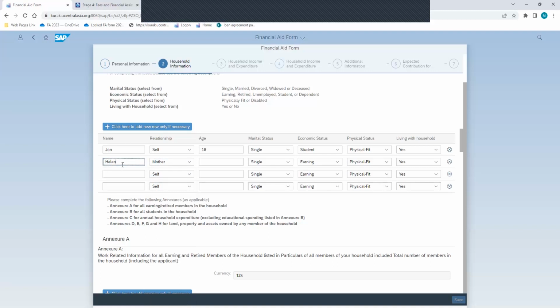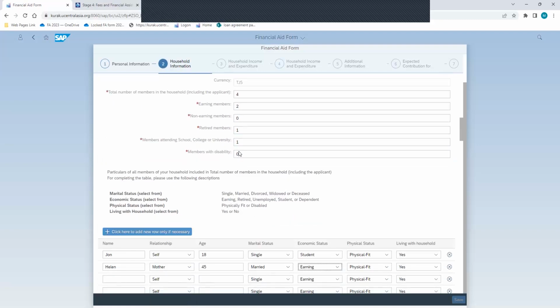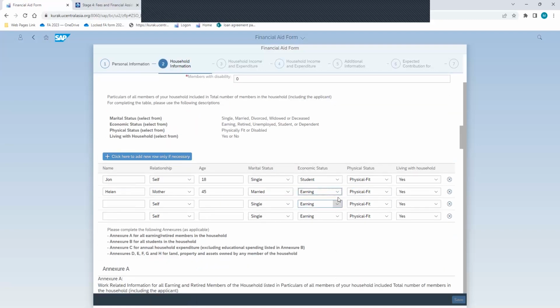Let's call mother Helen, and she's 45 years old. She's married. She's earning, as I mentioned here, 2 members earning here. Then I have to indicate here that those are earning also. So she's physically fit. She's living with the household.